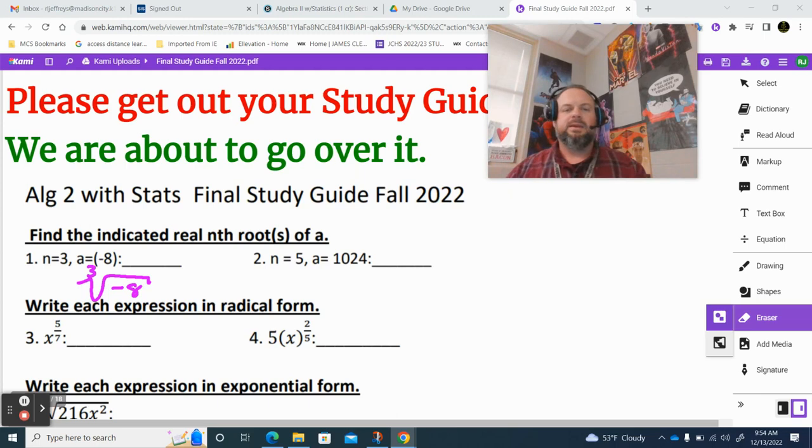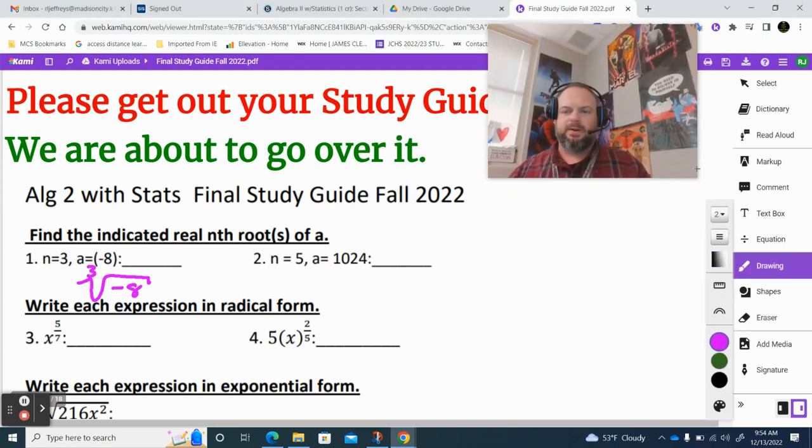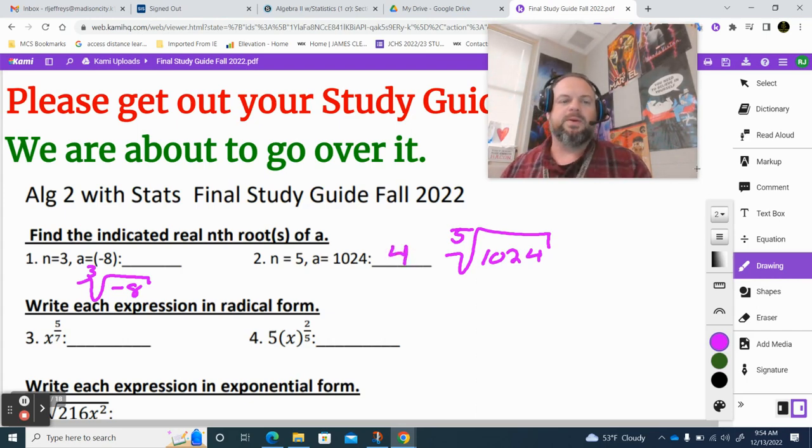Bam. And same thing for this one, the fifth root of 1024, which is 4.